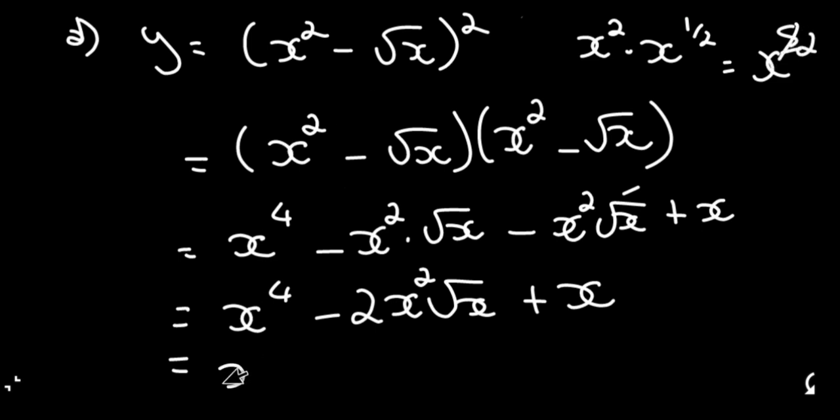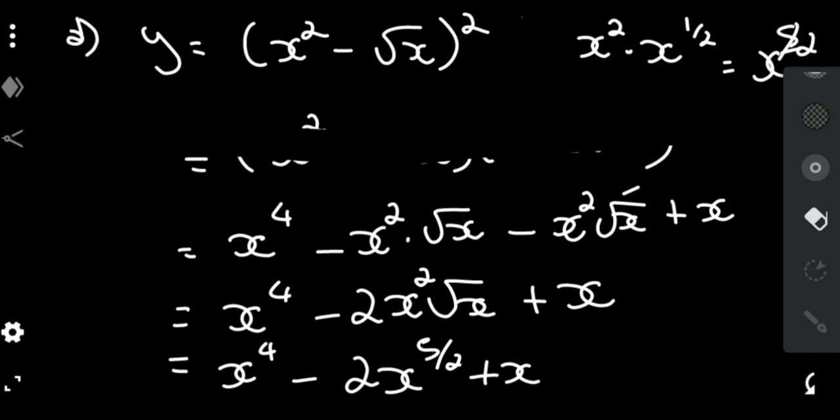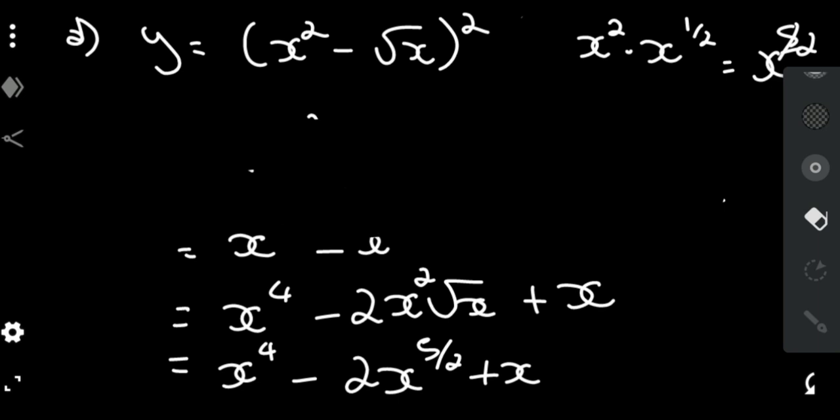So it's going to be x to the power of 4 minus 2x to the power of 5 all over 2 plus x. Let me erase here. So now we can differentiate this function.